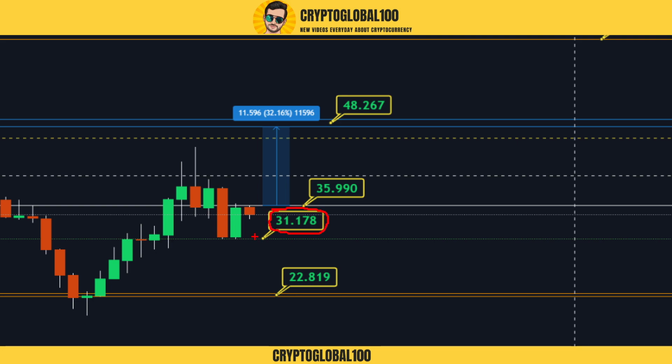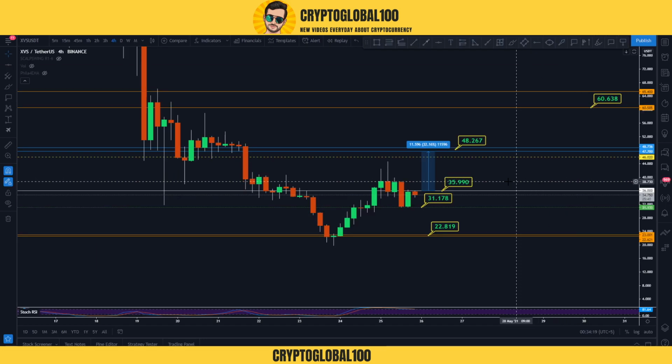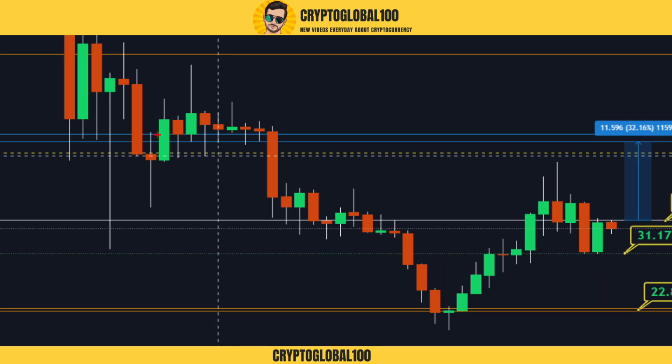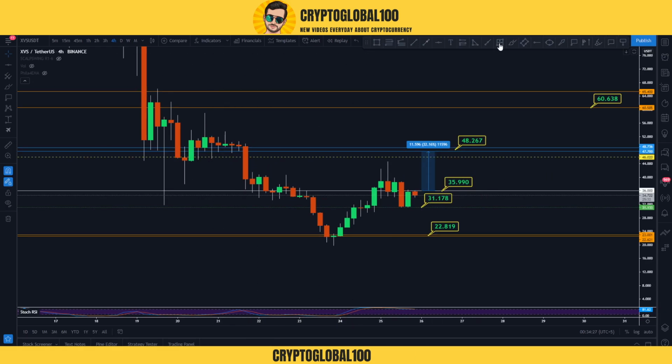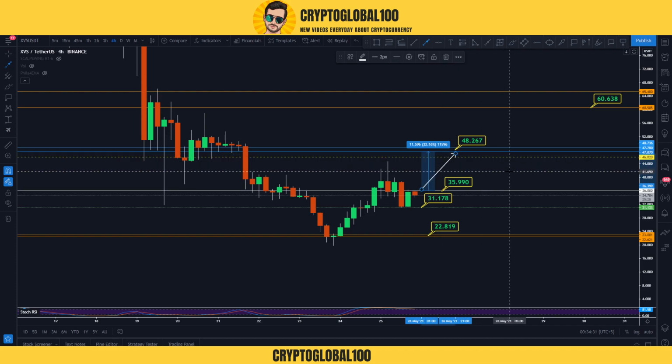If it falls further, you need to place your orders around here, the second support. And if this candle closes above here, then you can take your profit from this area, $47. As I told you, this one was the swing high candle, and we can go to this level pretty easily, like this one. This would be a good target.